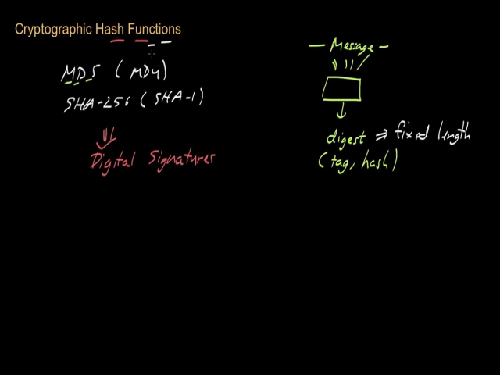Now, traditional hash functions have been used in computer science for quite some time, and they are used in many computing applications. For example, you may have heard of a hash function used in a hash table. But the kinds of hash functions that are used in hash tables, and I want to stress this, aren't necessarily the same as cryptographic hash functions.